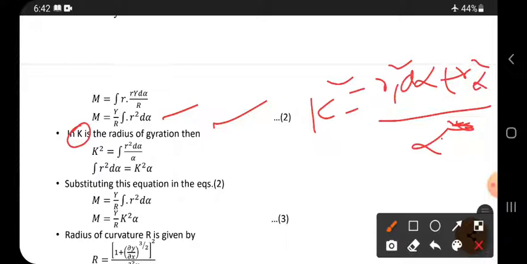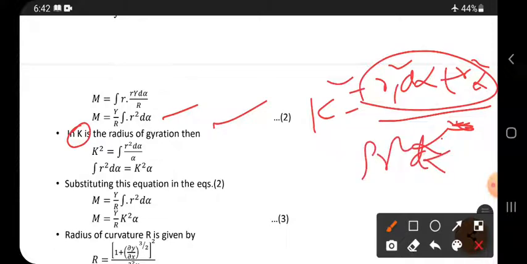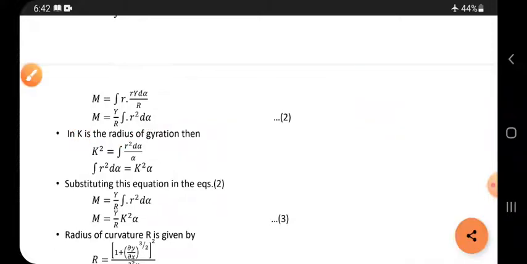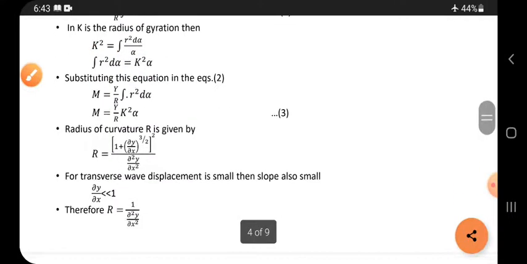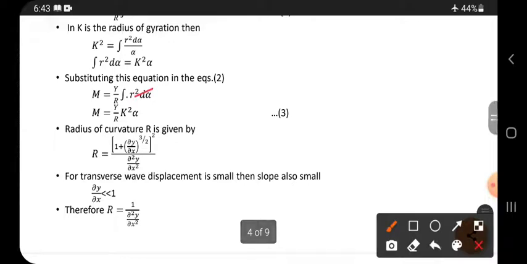So from this we can write this generalized formula as integration r square d alpha only. So integration r square d alpha by alpha. From this, bring alpha to this side, k square alpha is integration r square d alpha. So in the place of this we can write k square alpha.